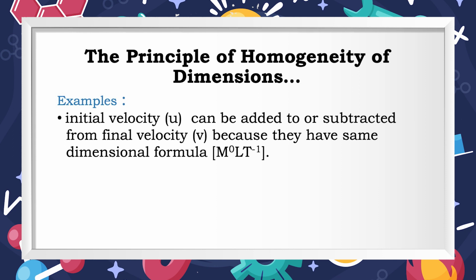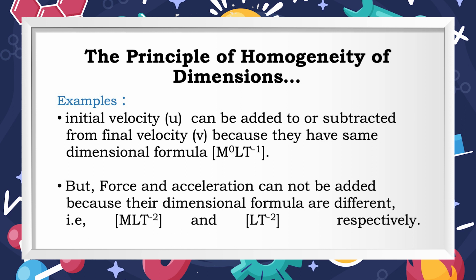Example 1: initial velocity can be added to or subtracted from final velocity, because they have the same dimensions, that is [M^0 L T^-1]. Similarly, example 2: force cannot be added to acceleration because their dimensional formulas are different, that is, for force the dimensional formula is [M L T^-2] and for acceleration [L T^-2].